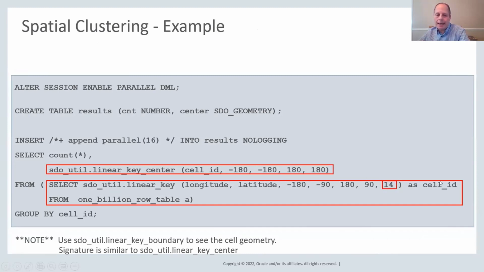So it generates this ID, of which we have decoding functions, like linear key center. You pass it the cell, and it'll bring back the center of the cell. We also have linear key boundary, which will bring back the extent of the actual cell as well. And now, as every point is getting clustered, I can do a count star and a group by cell ID. Basically, I'm going to have the center of every cell and how many points fell in that cell, because I'm grouping by cell ID.